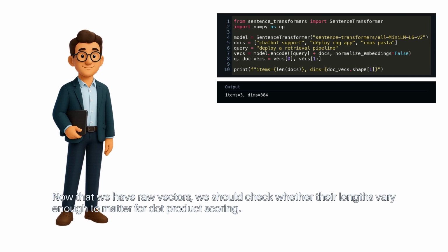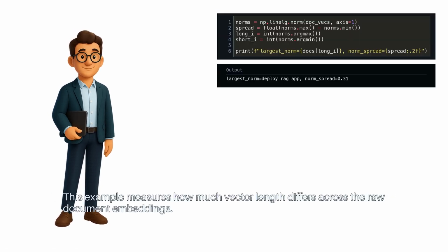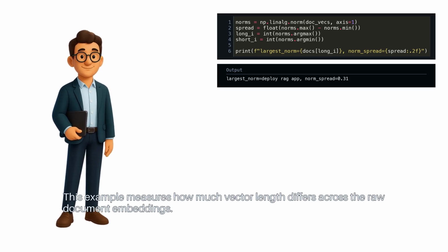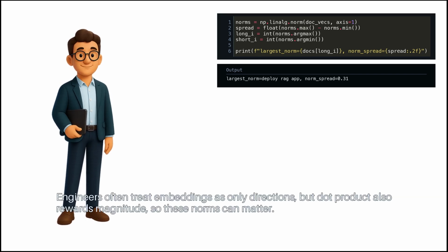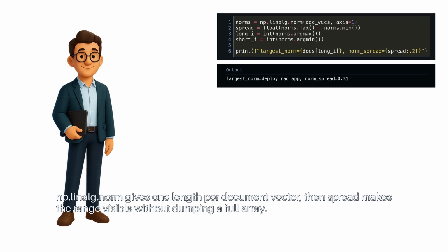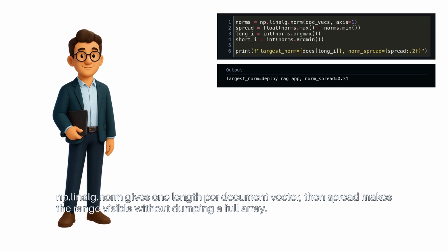Now that we have raw vectors, we should check whether their lengths vary enough to matter for dot product scoring. This example measures how much vector length differs across the raw document embeddings. Engineers often treat embeddings as only directions, but dot product also rewards magnitude. np.linalg.norm gives one length per document vector, then spread makes the range visible without dumping a full array.